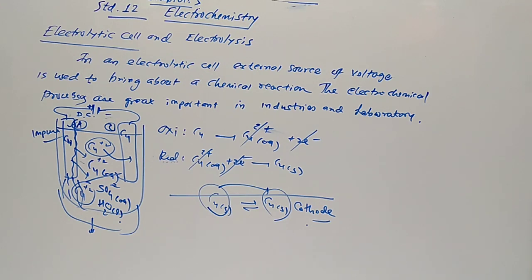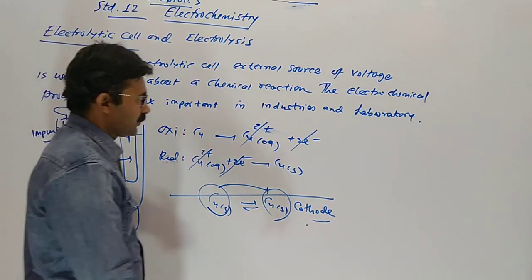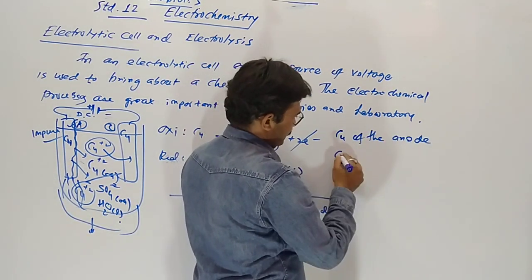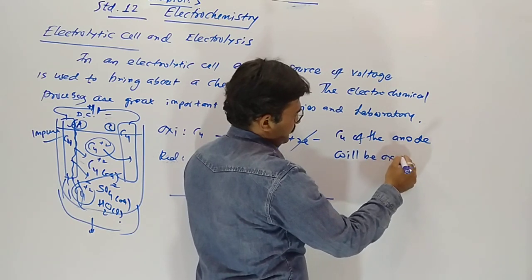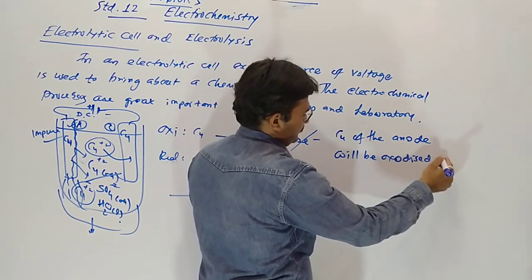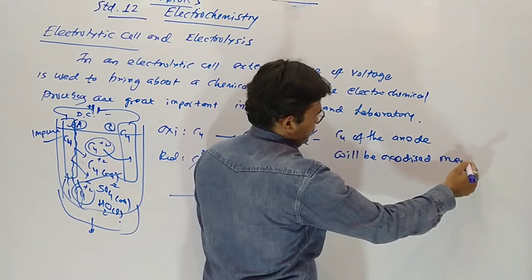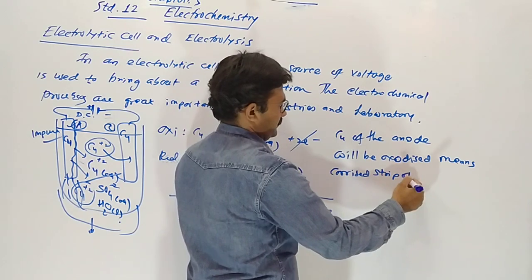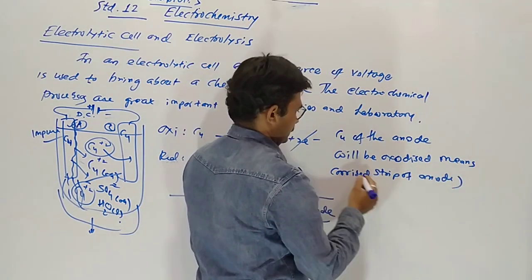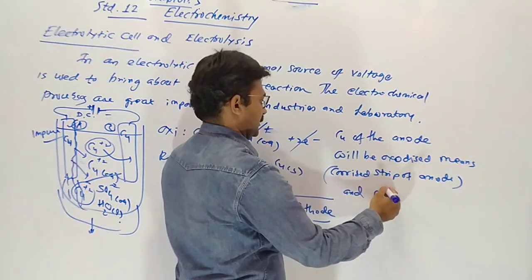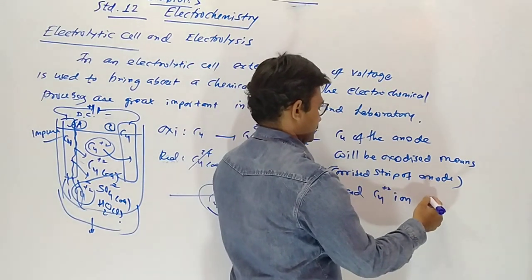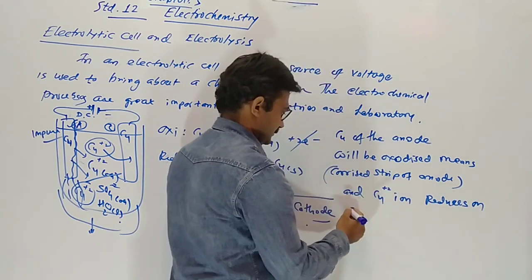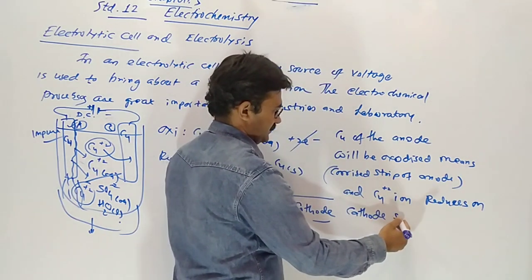Thus copper is dissolved, oxidized. Copper of the anode will be oxidized, meaning the strip of the anode corrodes, and the Cu+2 ion reduces on the cathode.